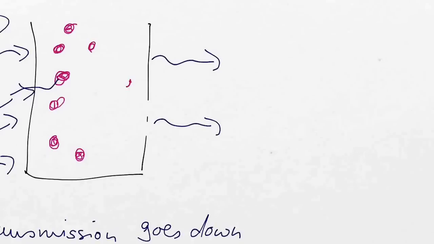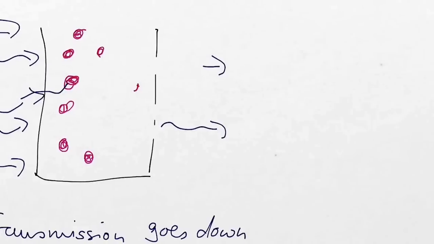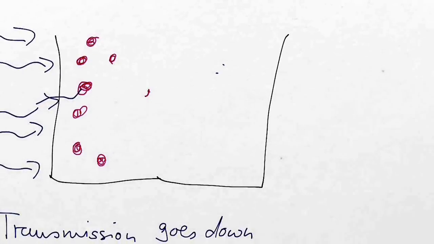But now I make this container bigger. I make this container twice the size. Of course, I have to add more of my stuff here, yeah, so that it has the same concentration.